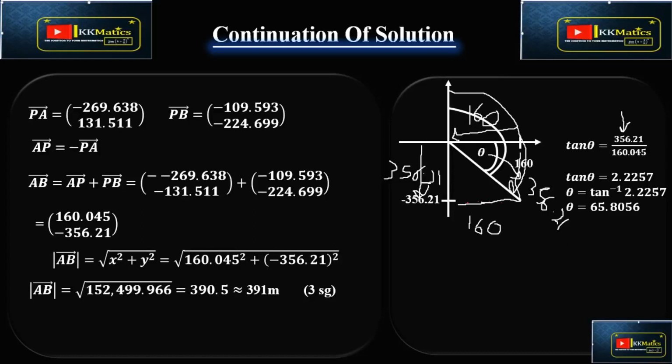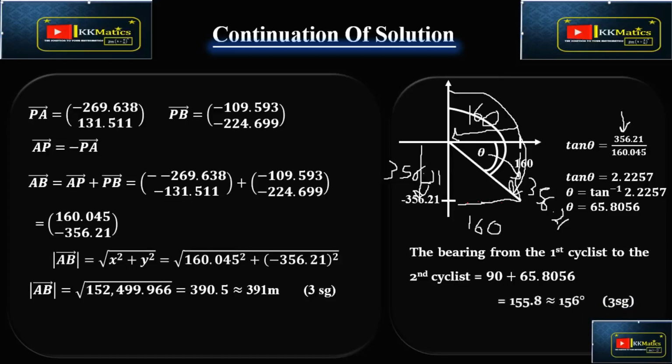Since we know the first quadrant is 90 degrees, and the theta here is 65.8056, we can go ahead and add 90 to the theta here. By so doing, we end up with 156 degrees in three significant figures.